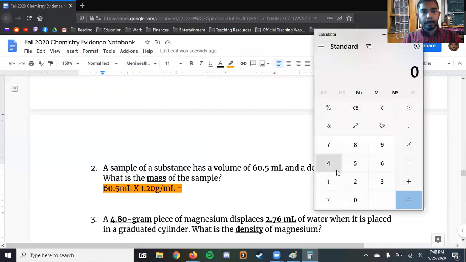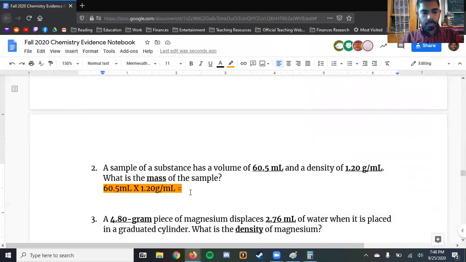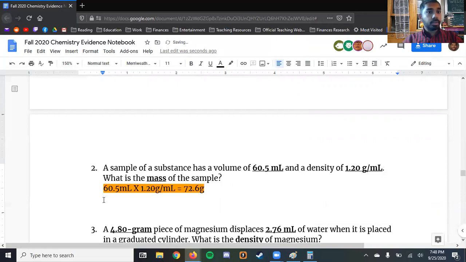Off to the side here. And I believe number lock works. So 60.5 times 1.2, 72.6. 72.6 grams.